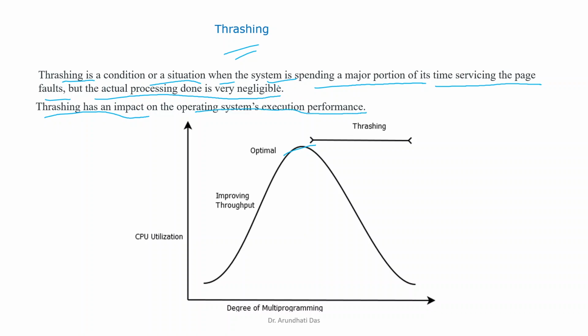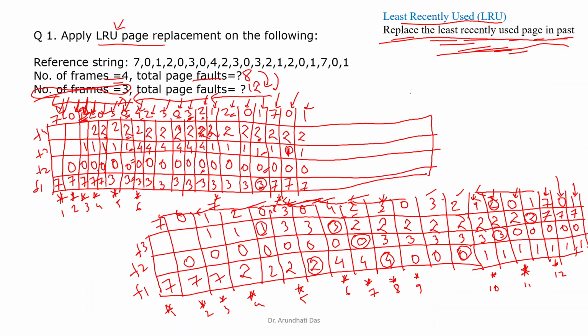So thrashing is a situation where I am having too many page faults, as you can see in the previous example. When I have reduced the number of frames, from frame number 4 to frame number 3, the number of page faults has increased, right?